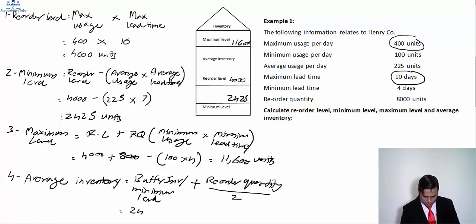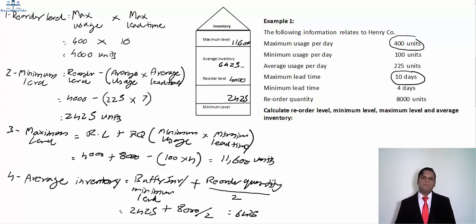Putting the figures, we know what is our minimum level, that is 2425 units. Then we have got reorder quantity is 8000 units. Dividing this by 2 will give us 6425, which is the average inventory which should be present in our premises at all time, and it can also be used to compute holding cost.